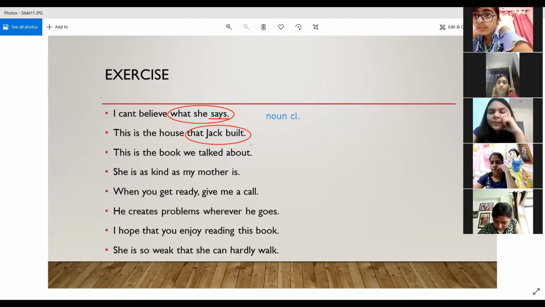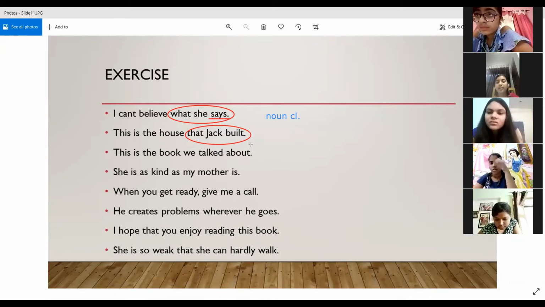Now tell me the verb that is present. What is the verb in it? "Is." Is is not even present in that Jack built.